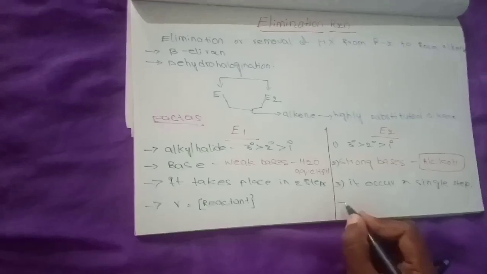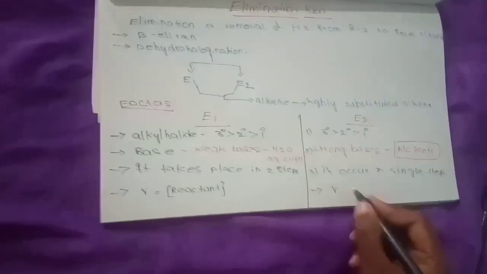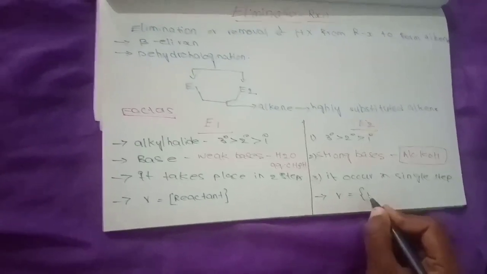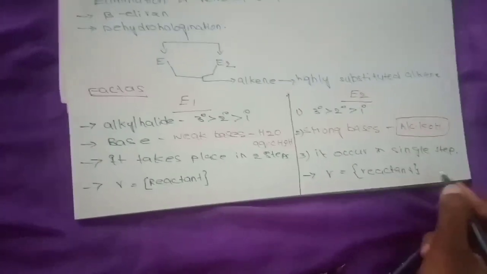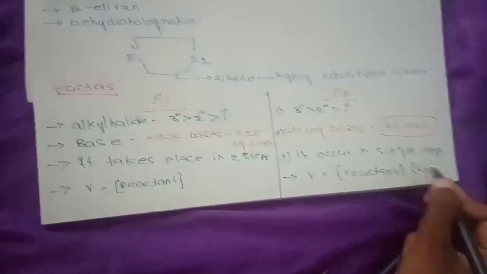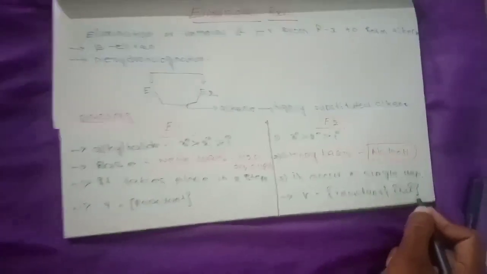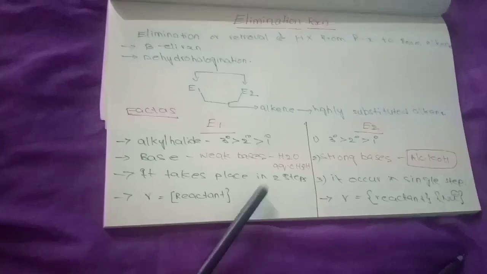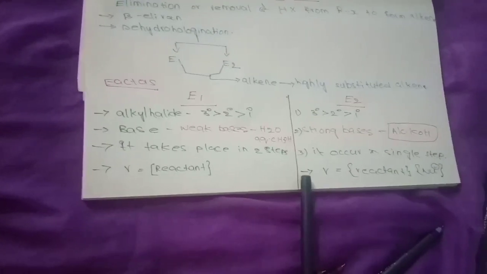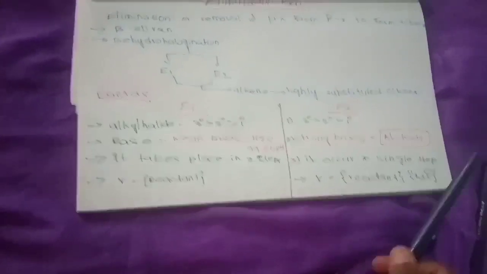But in E2 reaction, rate depends on the concentration of the reactant and the concentration of the nucleophile. See students, these are the elimination reactions E1 and E2. In E1, rate depends on only the reactant. In E2, rate depends on both the concentration of the reactant and the nucleophile.